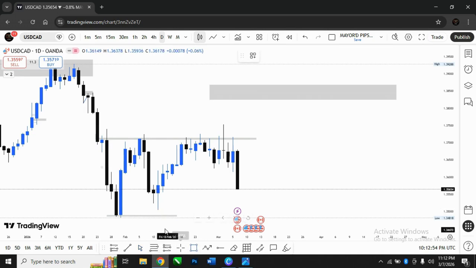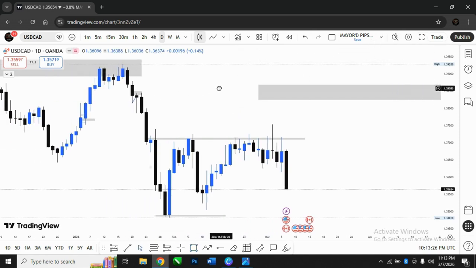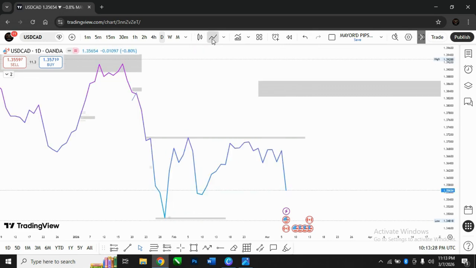Agree with me that this particular area was respecting this support level, this area where the market reversed back to this resistance was respecting this demand area. So you see how powerful support and resistance can be. So this is how to draw your support and resistance. If you want to draw your support and resistance, use the line chart.